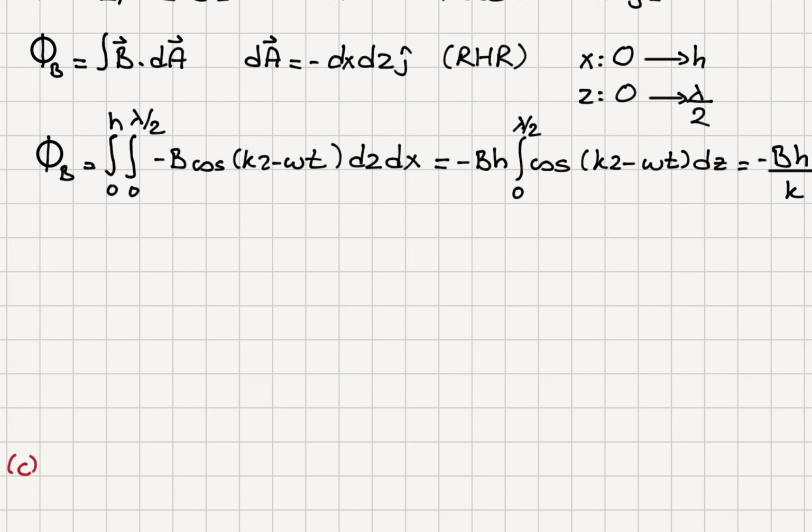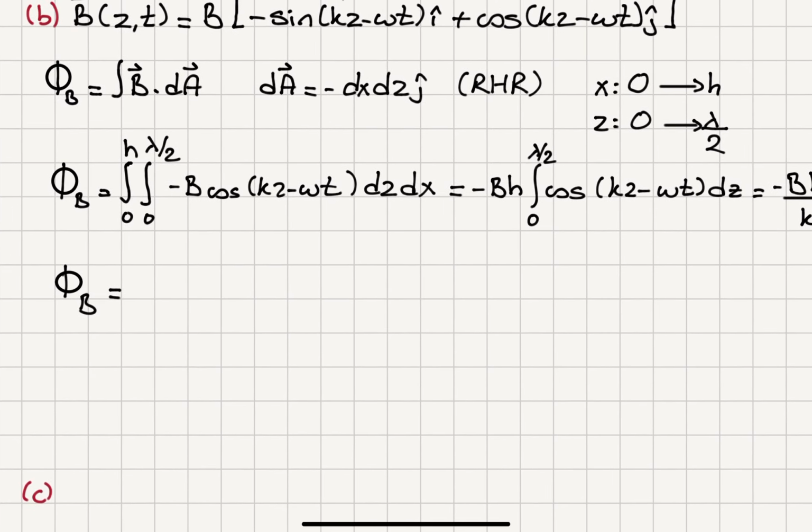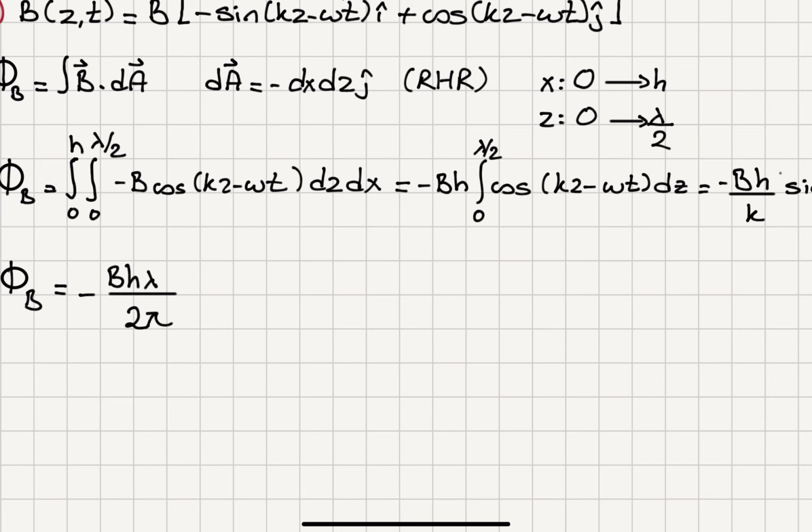So that's my task here. All right, so this is going to give me the magnetic flux, phi B, equal to B H over k. k is 2 pi over lambda, so it is minus B H lambda over 2 pi, times sine(kz minus omega t). k is 2 pi over lambda.